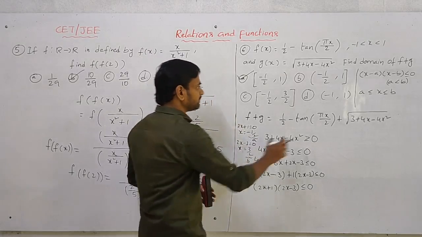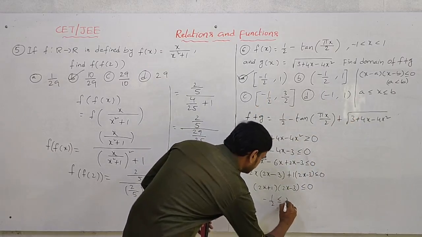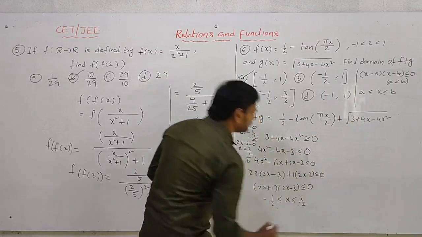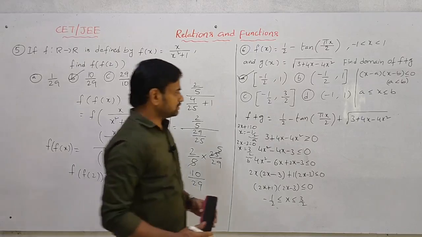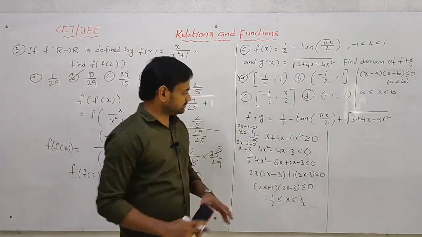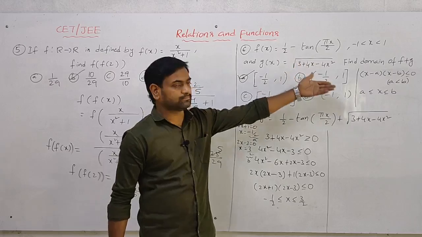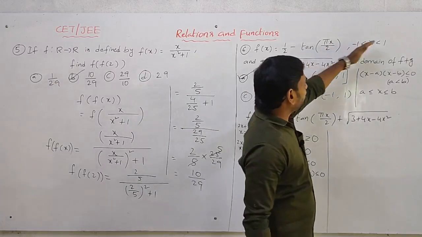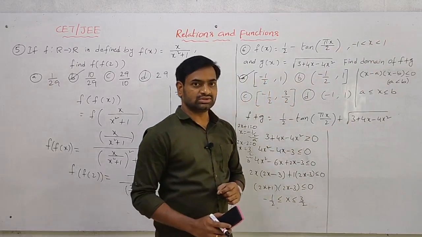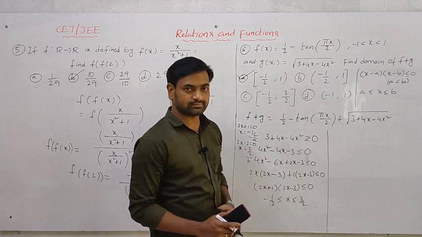So we can write minus 1 by 2 less than or equal to x less than or equal to 3 by 2. I got this interval, and the other interval is already given, that is minus 1 to 1. Between them there is addition, so I have to take the common interval for both.